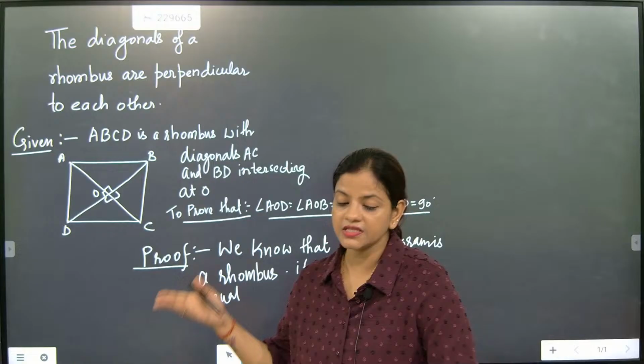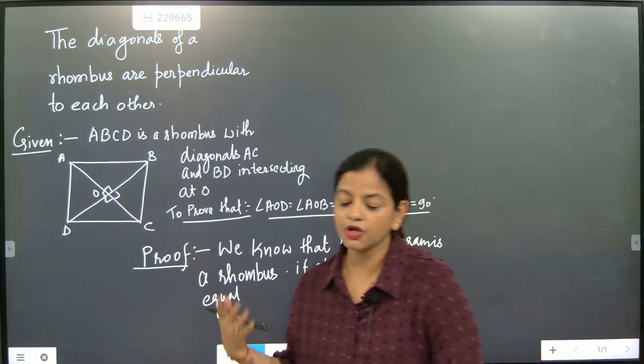So ABCD, we can say that it is a rhombus, and it is also a parallelogram.